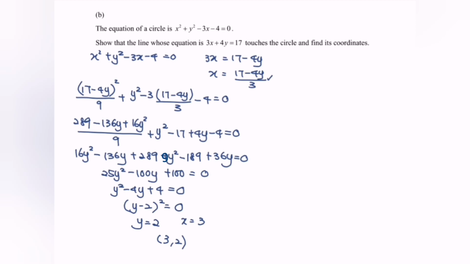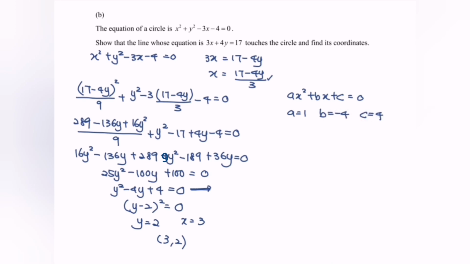Next, what we have to do is to show that the line touched the circle. So kindly focus on this part, where we have the situation ax squared plus bx plus c equals 0. The value for a is equal to 1, for b will be equal to negative 4, and for c is equal to 4.